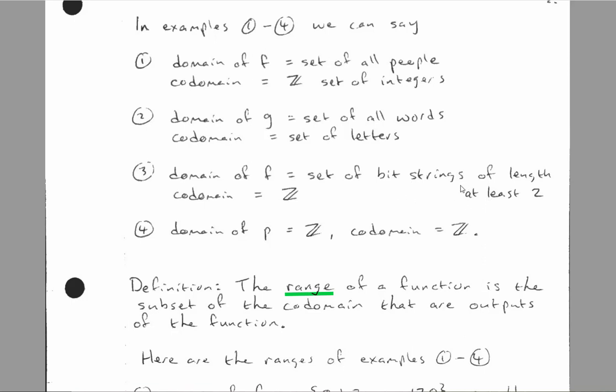What was coming out was bits, zeros or ones, so they're certainly contained in the integers. And for p, squaring, we specified the domain to be the integers, and certainly integers are coming back out.